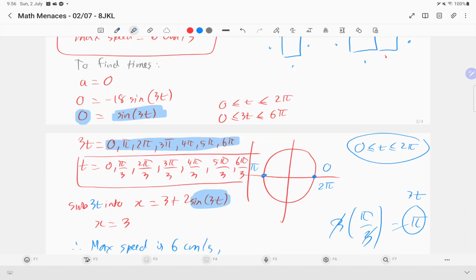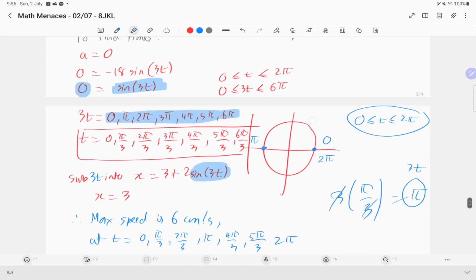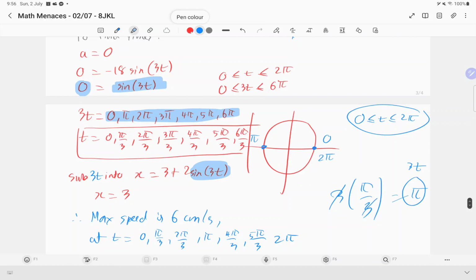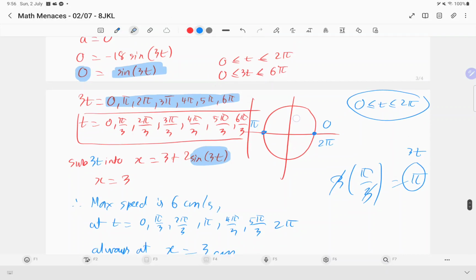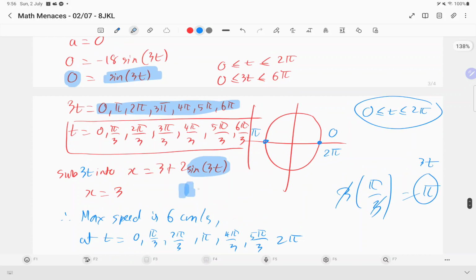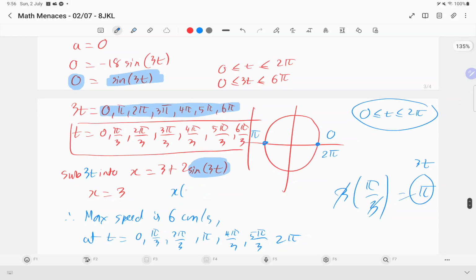I don't get it, but... Even if we just try one, if you are confused, just try a few. Let's say x of 0, the most straightforward one. Let's go something a bit harder: x of pi on 3. That's when t equals pi on 3, which is that one there. So this would be 3 plus 2 sine of 3 times pi on 3.